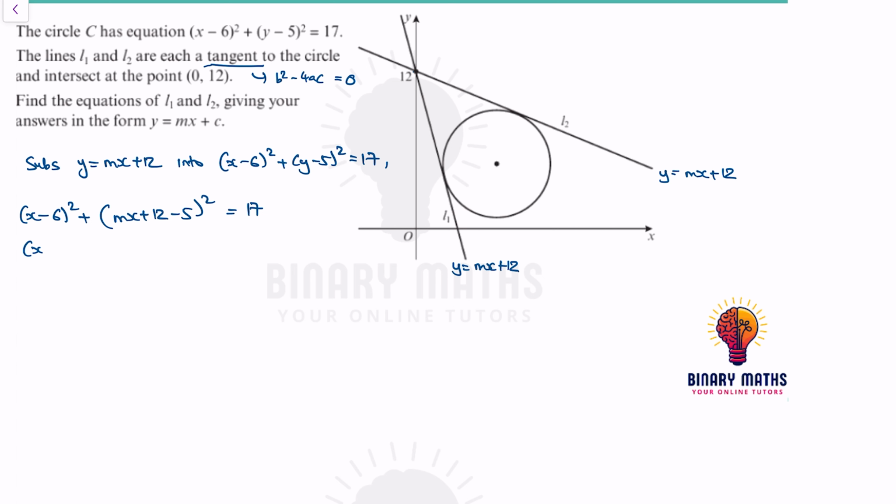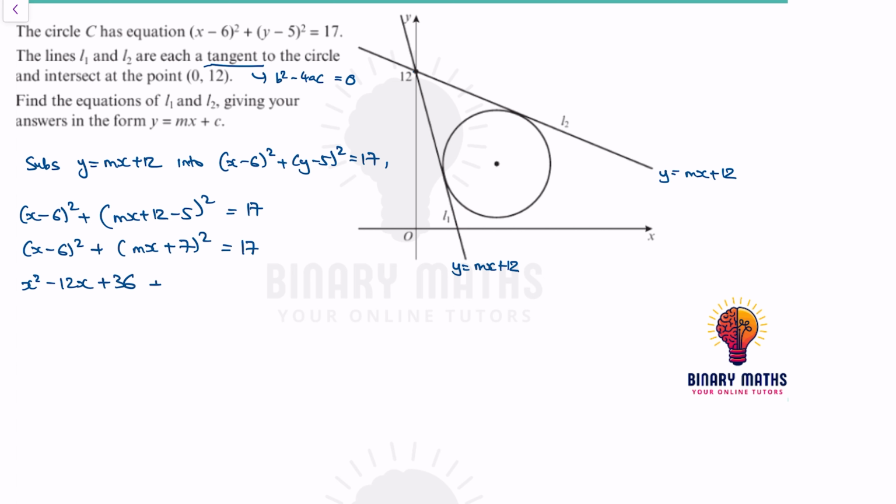If I simplify the second bracket, I end up getting mx plus 7 squared is equal to 17. If I expand the first bracket, I get x squared, take away 6x, take away 6x, which gives me negative 12x plus 36.